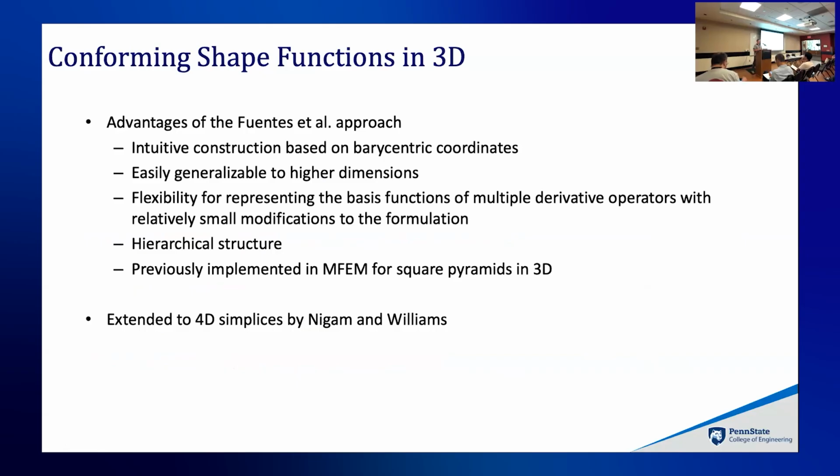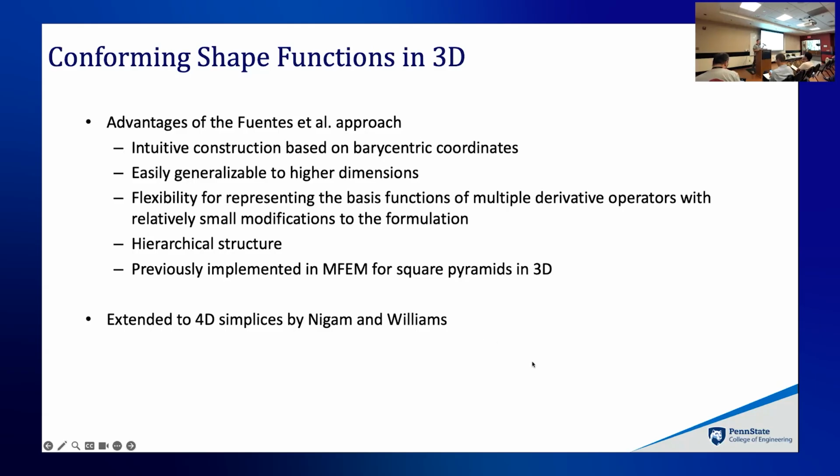We can generalize it into higher dimensions. It's also very flexible, so we can use it for many different types of derivative operators without modifying it too much. These functions have a hierarchical structure, and as I think was mentioned earlier today, we have an implementation in MFEM already for square pyramids in 3D by Mark. So we have some precedent in that sense.